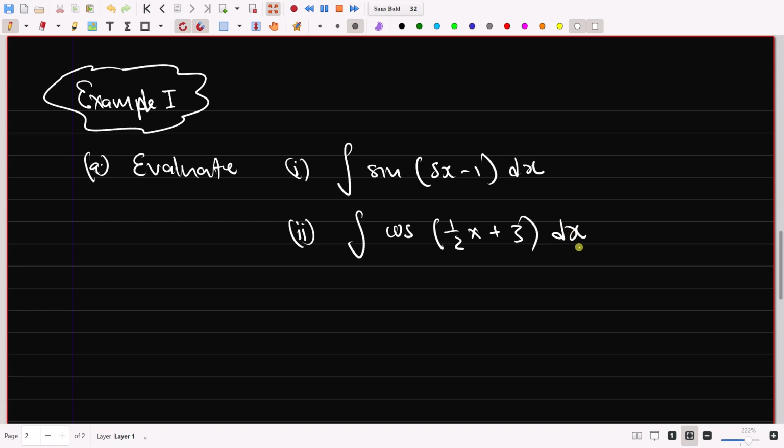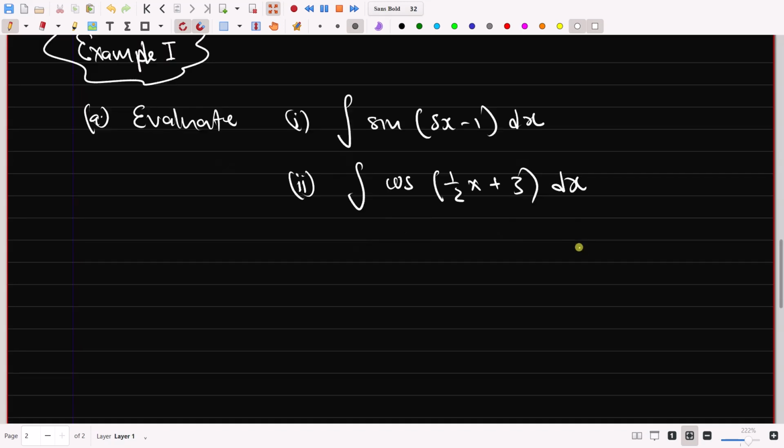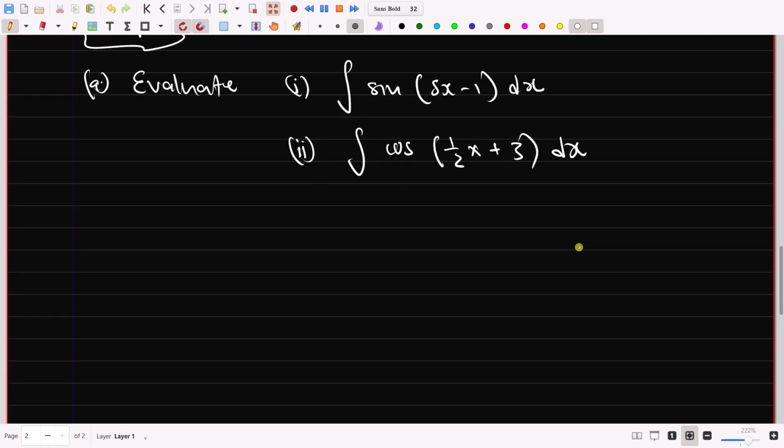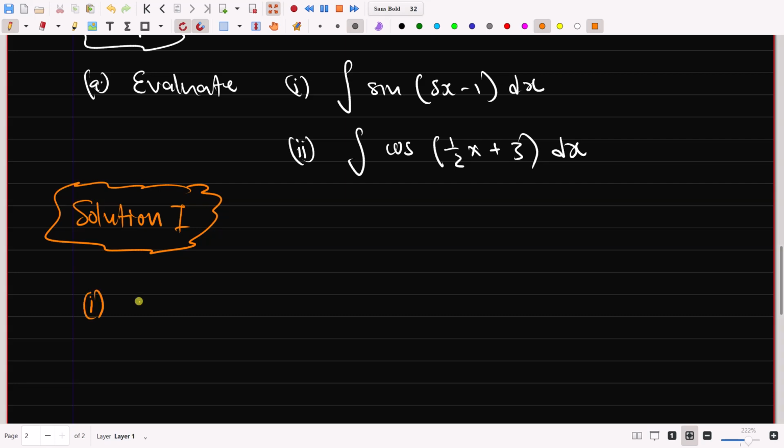So how do we deal with such information? This is how we proceed. Solution. For I, every time you want to evaluate an integral, you can give it a name at first. So let I equal the integral of sine of 5x minus 1 dx.